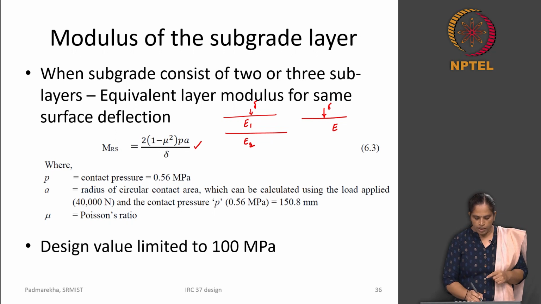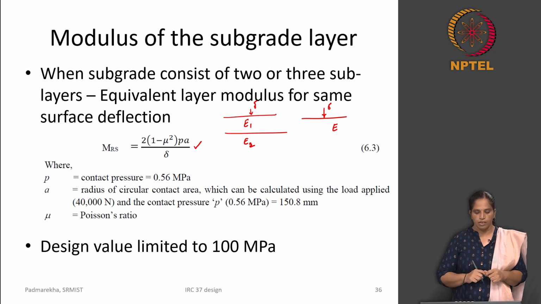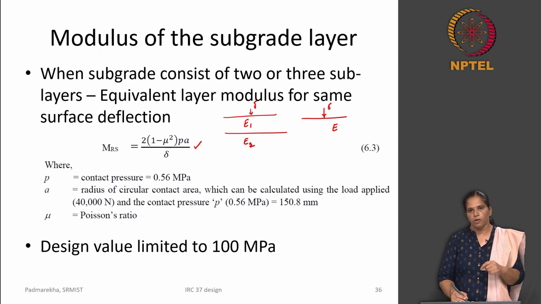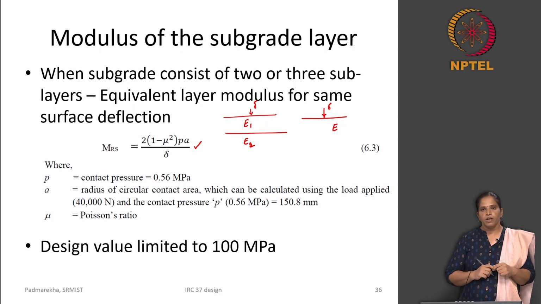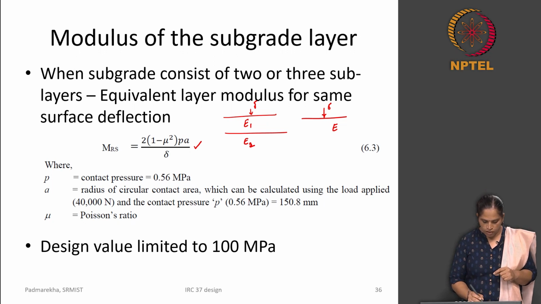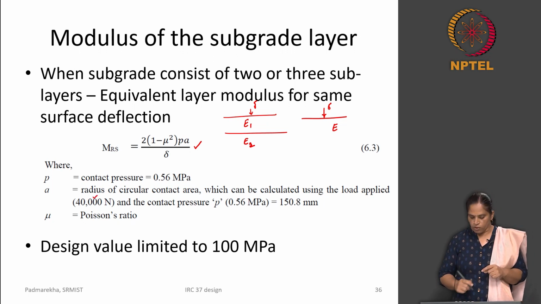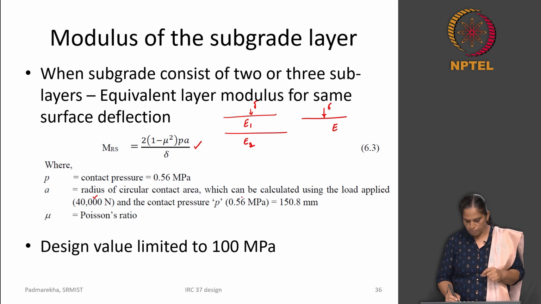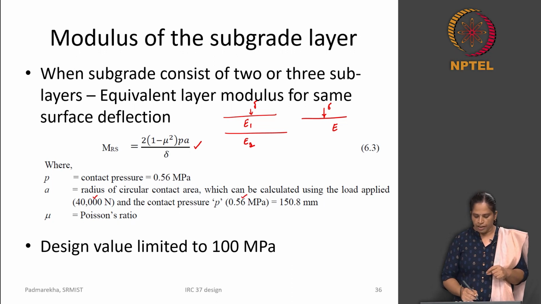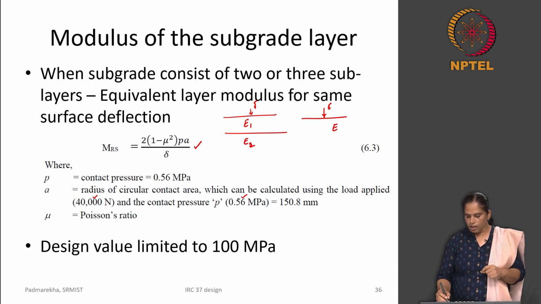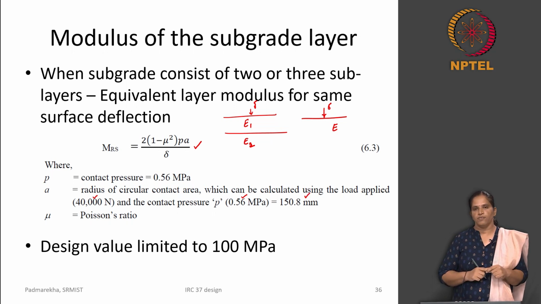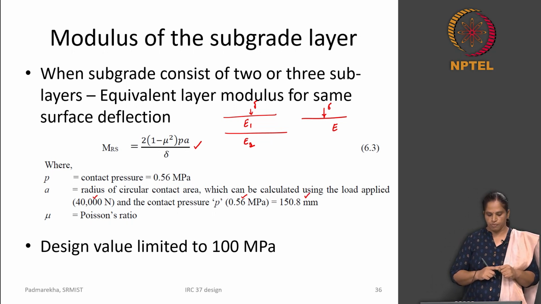So the resilient modulus relating the surface deflection value is given here. Here mu is the Poisson's ratio, P is the contact pressure. We use 560 kilopascal as the contact pressure, A is the contact radius. So if the load is 40 kilonewton and the contact pressure is 560 kilopascal, you can compute the contact radius from the load and pressure and you will find it to be 150.8 millimeter.